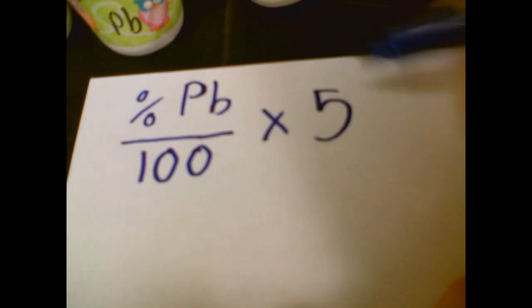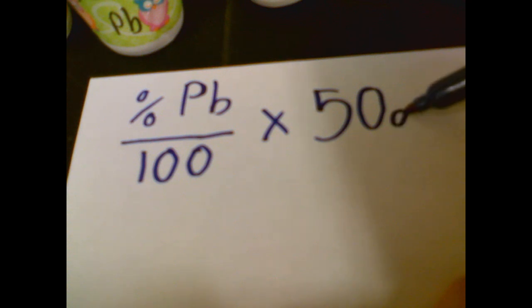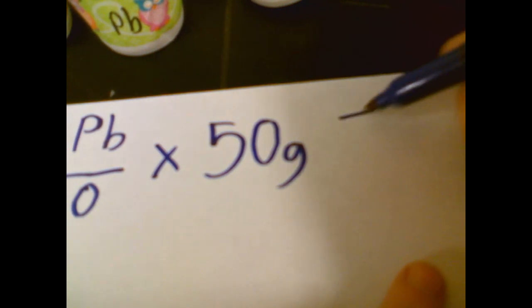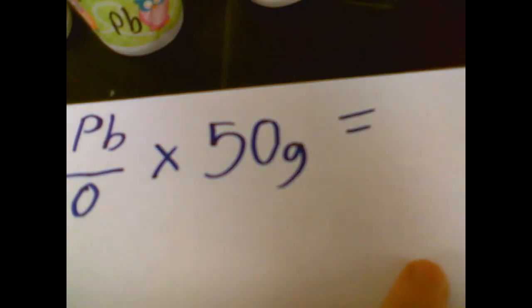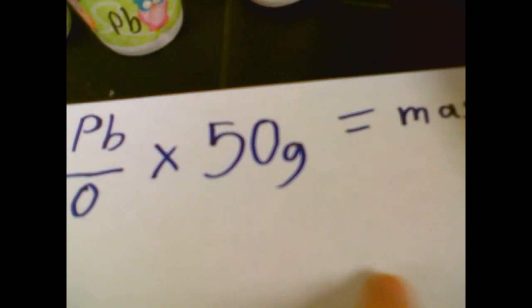So our total mass of the alloy that we want to make is going to then equal the mass of lead that we need to figure out.